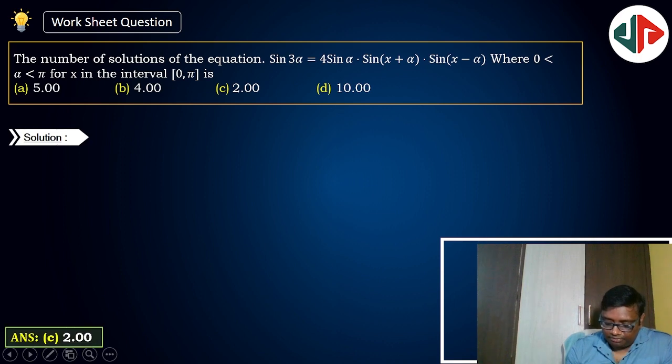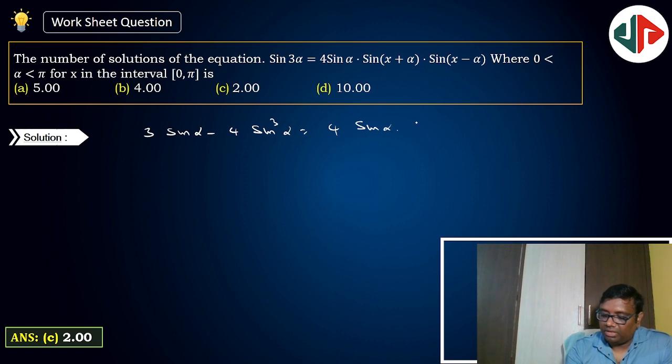So 3 times sin alpha minus 4 times sin cube alpha is equal to 4 times sin alpha into sin of x plus alpha into sin of x minus alpha.